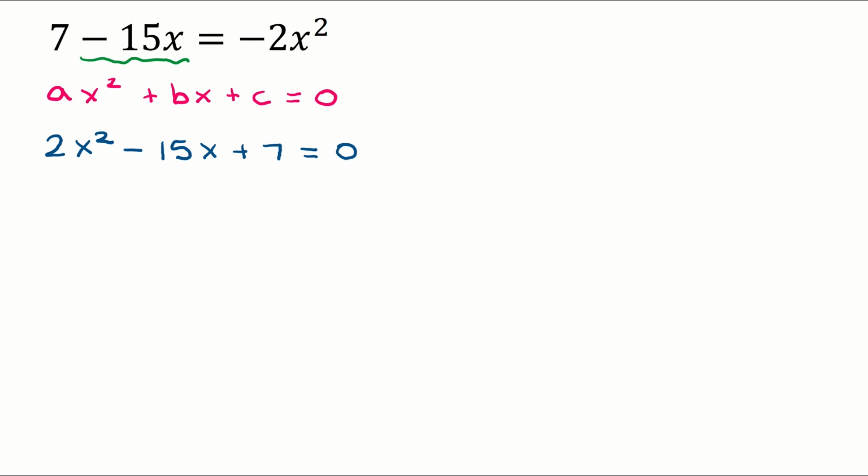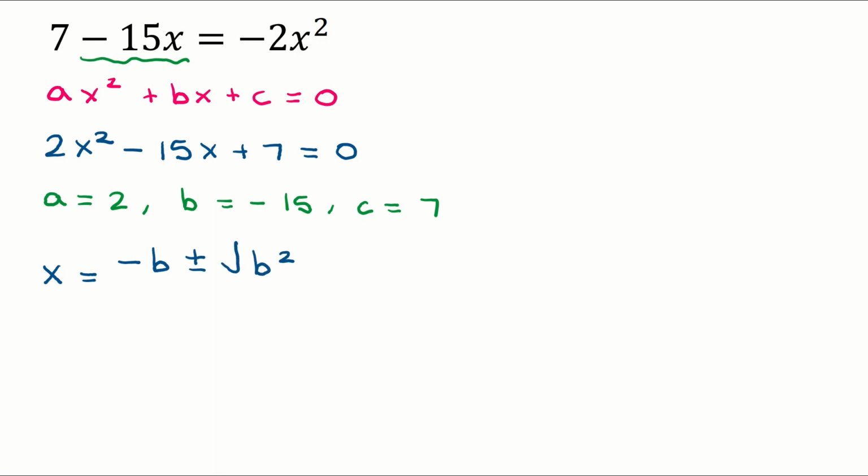Now that we have it in standard form, we can determine that A is equal to 2, B is equal to negative 15, and C is equal to positive 7. So when we go to plug it into our formula, we know x is equal to negative b plus or minus the square root of b squared minus 4ac, all divided by 2 times a.